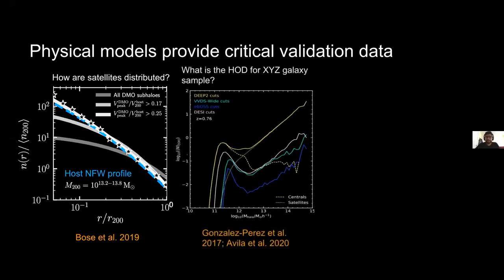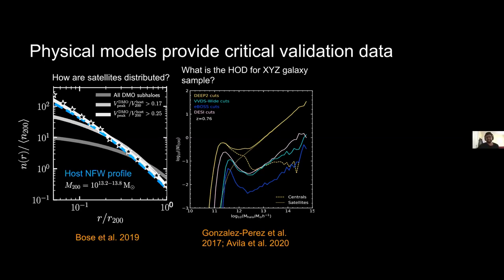You can also ask, for example, if we were to construct a more exotic galaxy sample that we want to create a mock for, such as, say, a mock catalog of emission line galaxies for DESI, then semianalytic models can help you figure out what the shape of the HODs of these galaxies might look like, that you can then transplant onto bigger volume simulations to get a sort of light cone catalog of emission line galaxies.